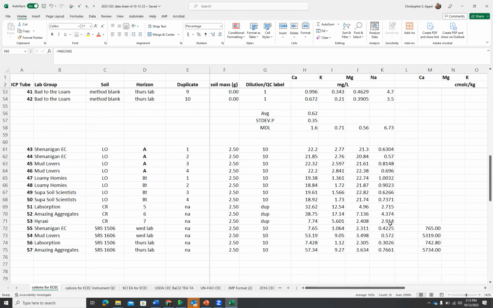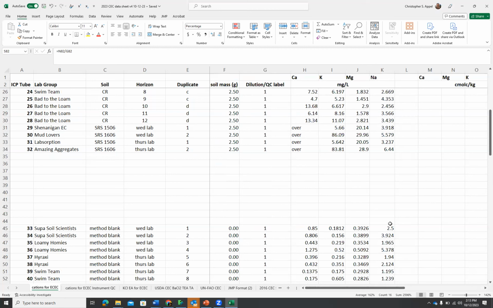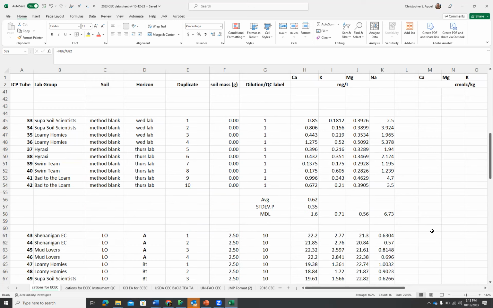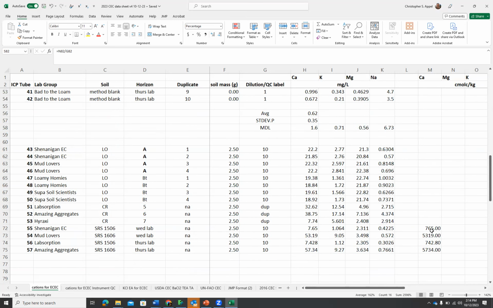And sodium is bad. But that's okay. Why is it okay? It's because all the measured values for sodium are below the detection limit.